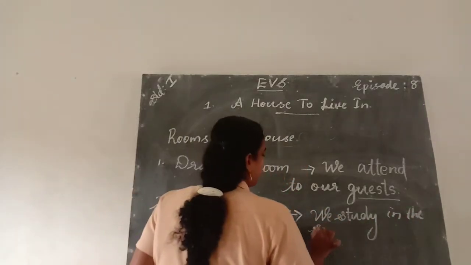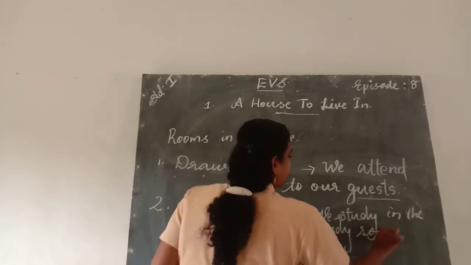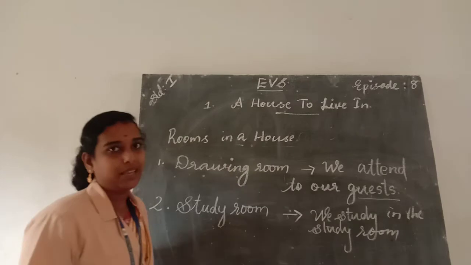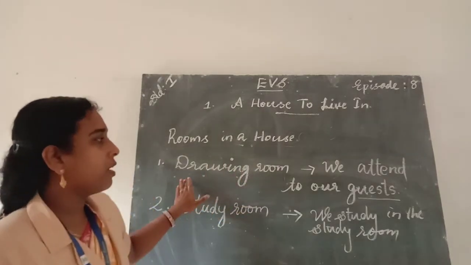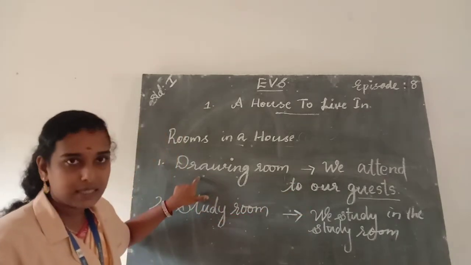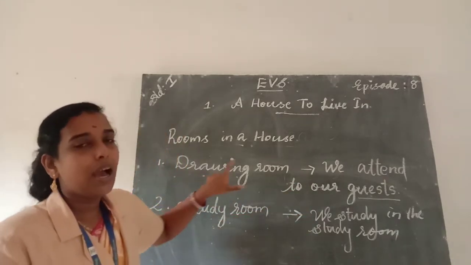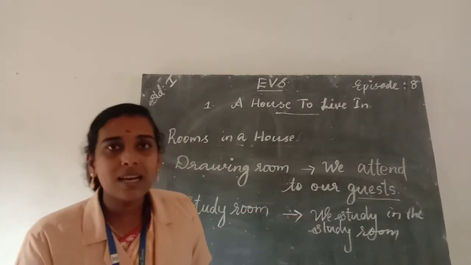We study in the study room. You also study in your study room. So the use of the drawing room is to attend to our guests, and we study in the study room.